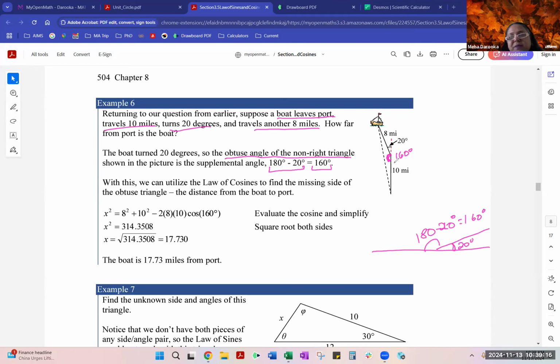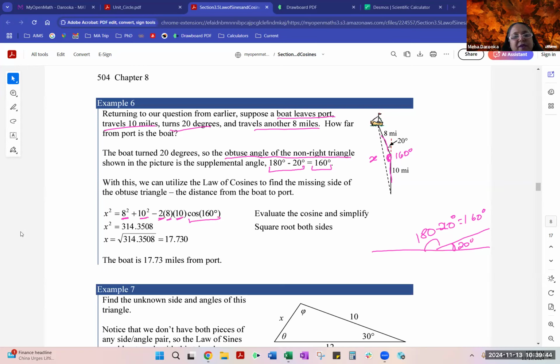So we know that obtuse angle is going to end up becoming 160 degrees. You can see we know the two sides and the angle included in the middle. If we call this distance here x, then I'm going to take 8 squared plus 10 squared, minus 2 times 8 times 10, and then cosine of the angle measurement.